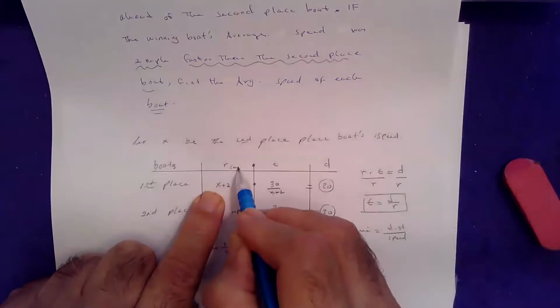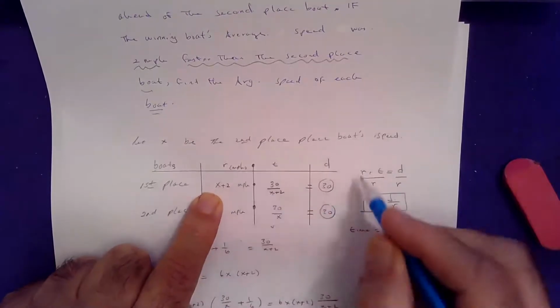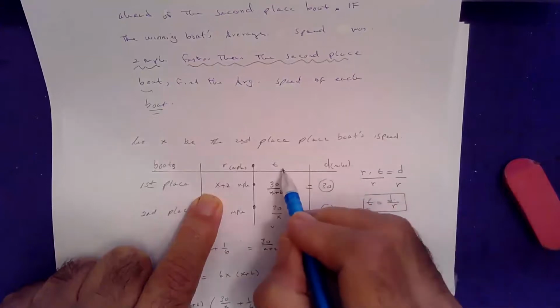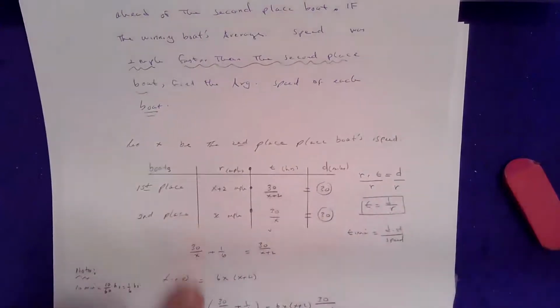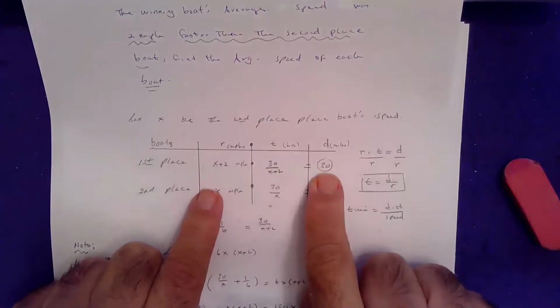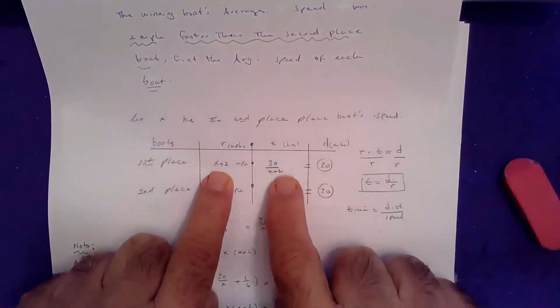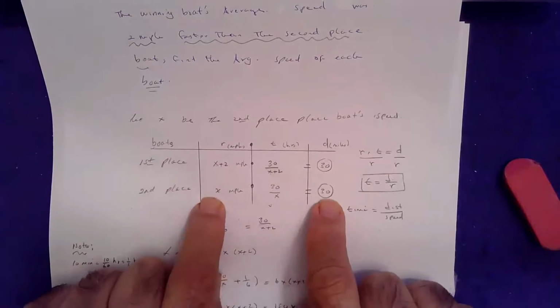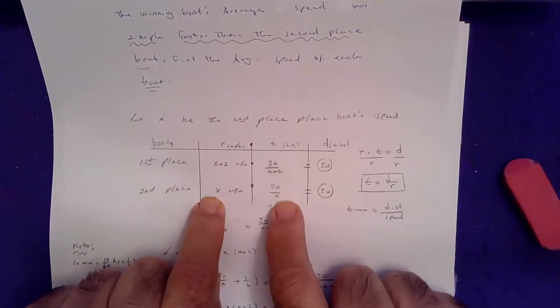Remember, these are so many miles per hour, and this is the distance, which is so many miles, and these are hours. So what I do, I take the distance divided by speed. That would give me the amount of time it took the first place boat to get to the end of the race. 30 divided by x is 30 over x.